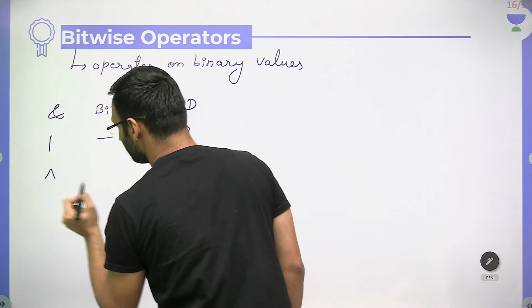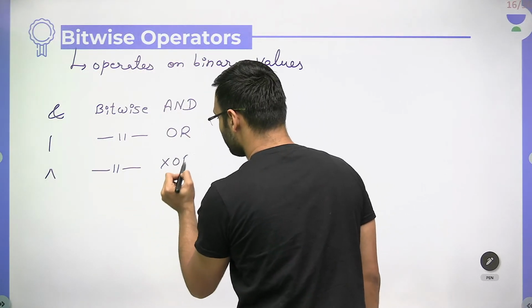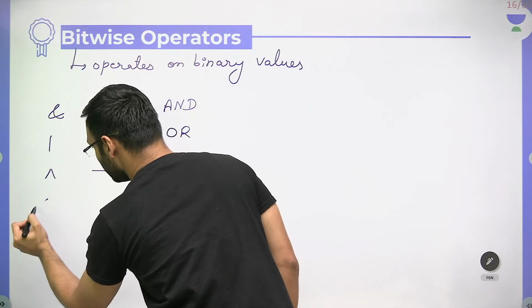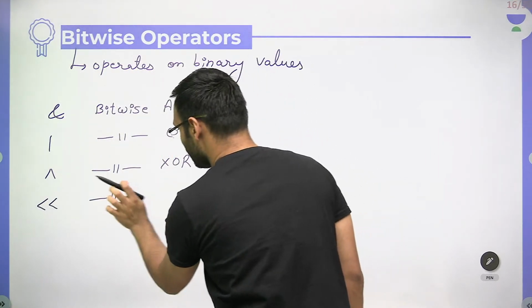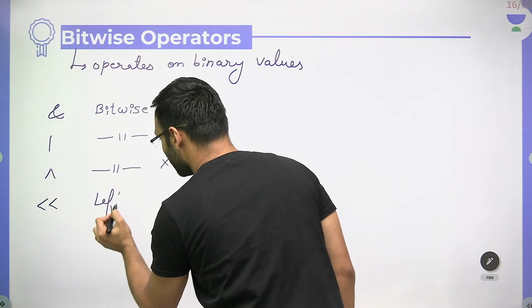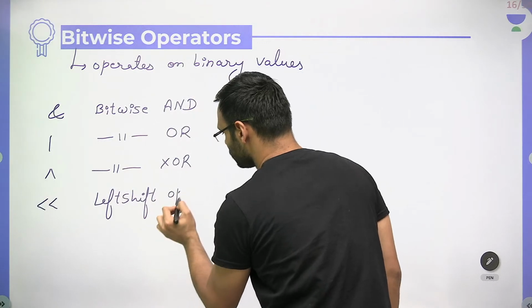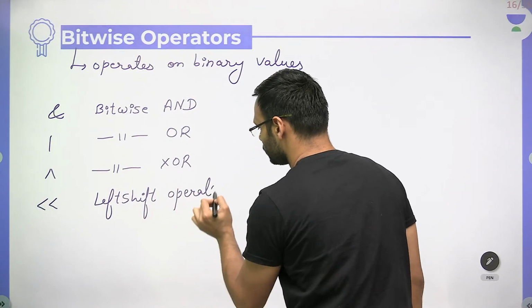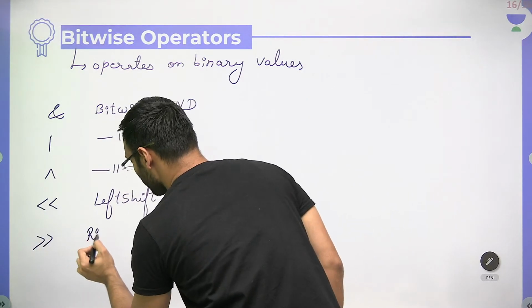Then we have this cap symbol, which is bitwise XOR. Then we have the bitwise left shift operator, and this one is the right shift operator.